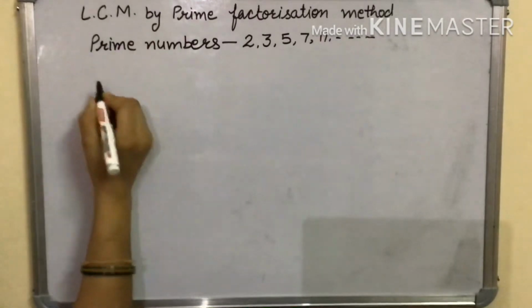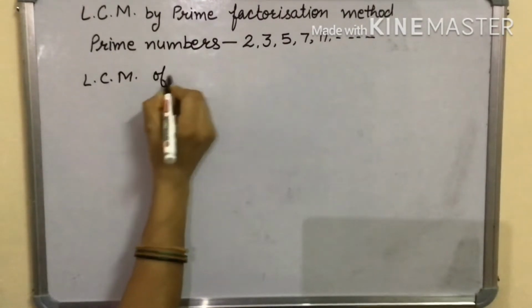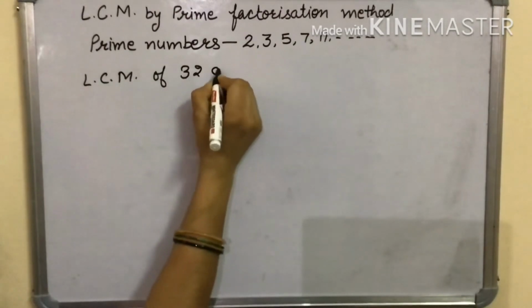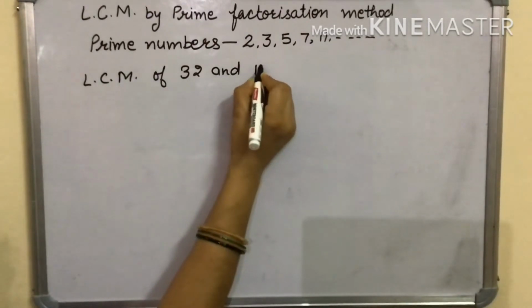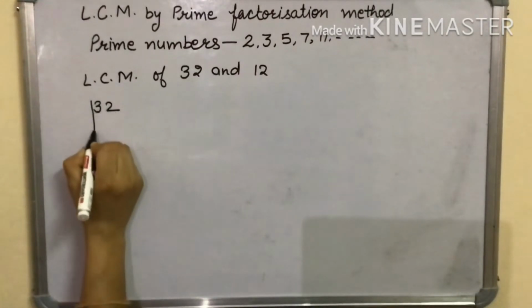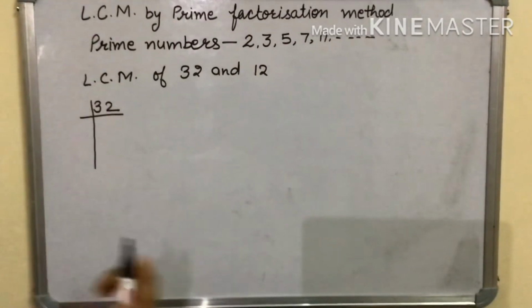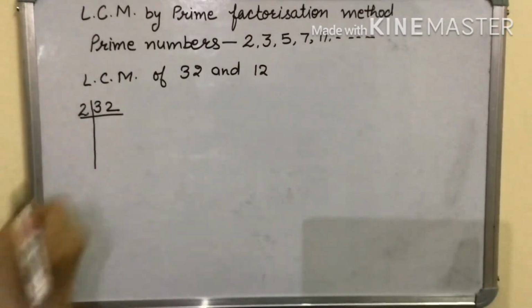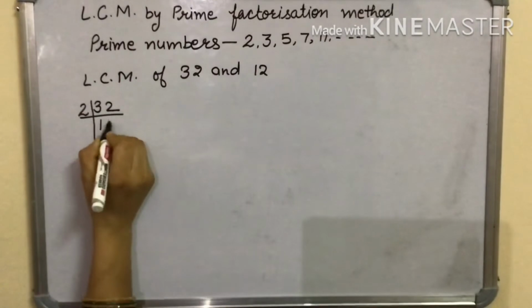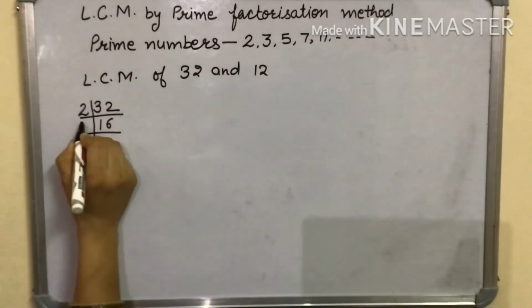Let's take another example. Find LCM of 32 and 12. We will factorize 32. To factorize it, we use only prime numbers. First of all, this is divisible by 2 and we get 16 as the quotient. 16 is divisible by 2.